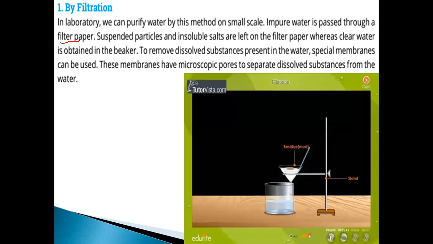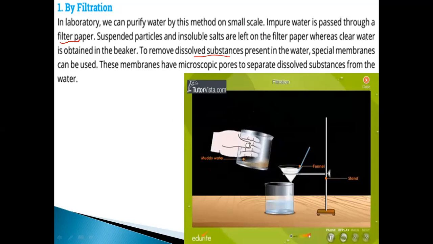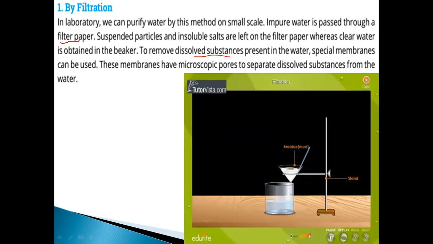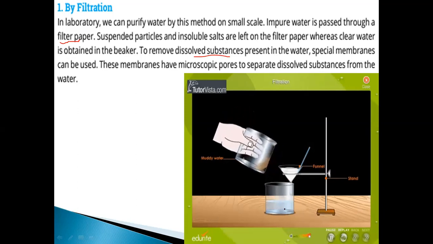So mostly that is used for removing dissolved substances, and somehow undissolved substances also, like you can see in this image. There is muddy water, and when we pour it through this filter paper, what happened, the water just passes from this filter paper, clean water it is.